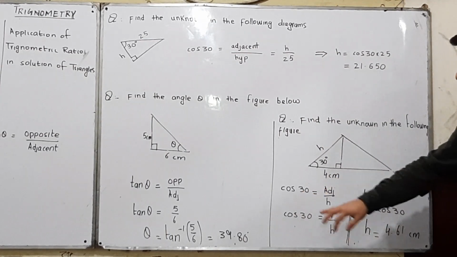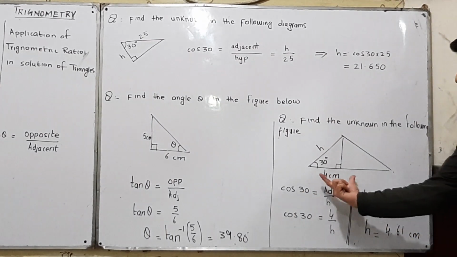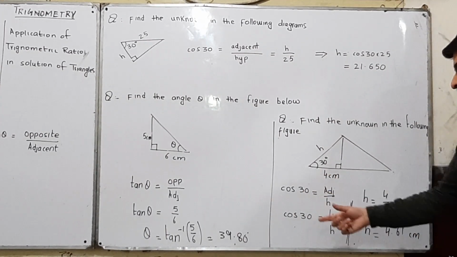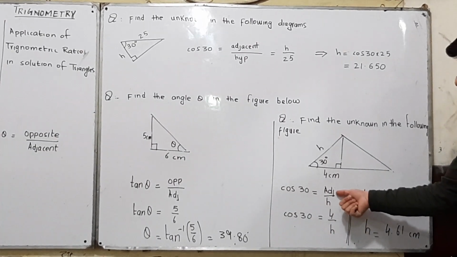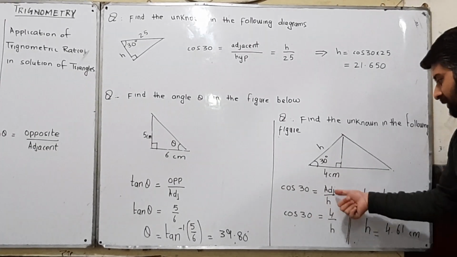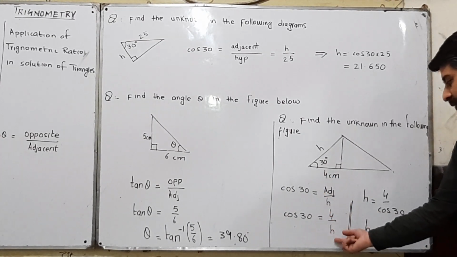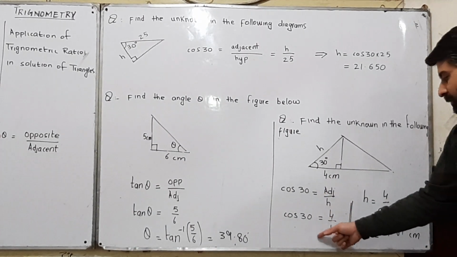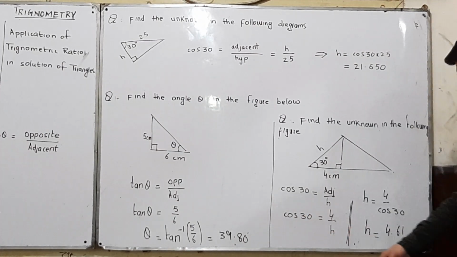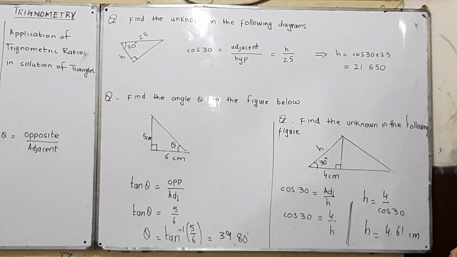I am using cos 30 here because I know the value of adjacent, and cos 30 has adjacent in its ratio. Adjacent is 4 and hypotenuse is to be obtained. So h will go over there, cos 30 will come over here. So h will be 4 over cos 30, which will give you 4.61 centimeters.